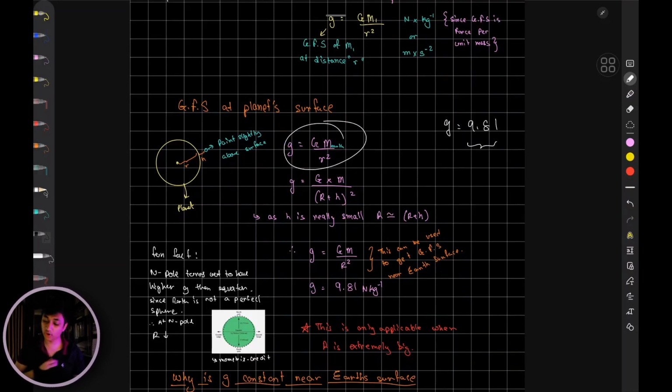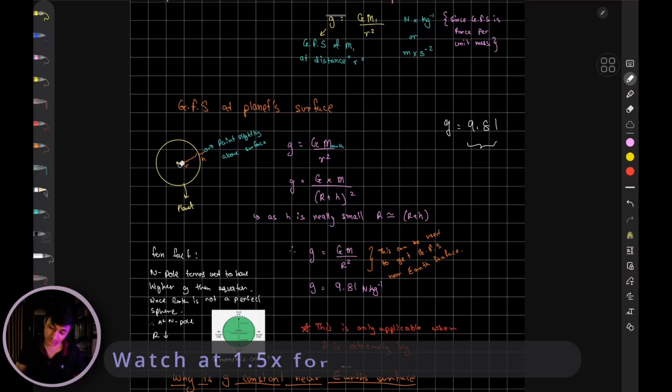So now we know the formula of gravitational field strength, which is G times the mass of Earth, the field strength of which we want to find out, and the separation. Now, in case of the separation, remember, we measure from the center of Earth, or the center of mass. Now, the center of mass turns out to be over here, and this value is going to be the radius.